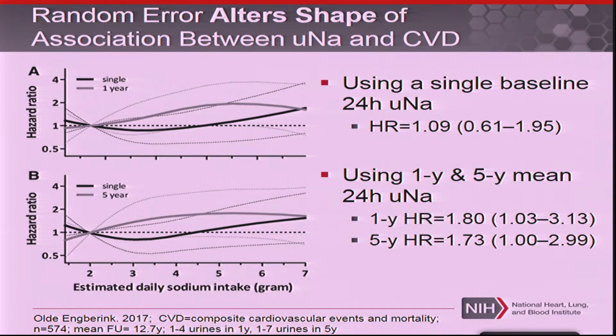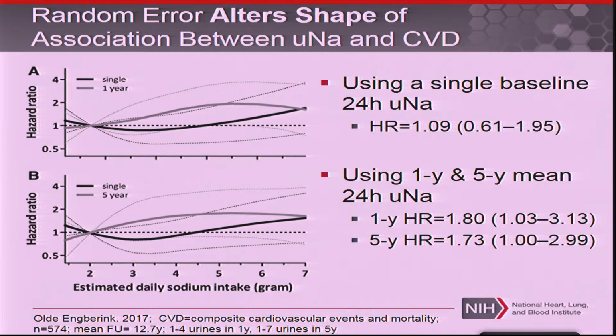And this is a really recent study which shows that the shape of the association between urinary sodium and CVD is really altered substantially by the use of a single baseline measurement of a 24-hour urinary sodium versus some longer-term measures.